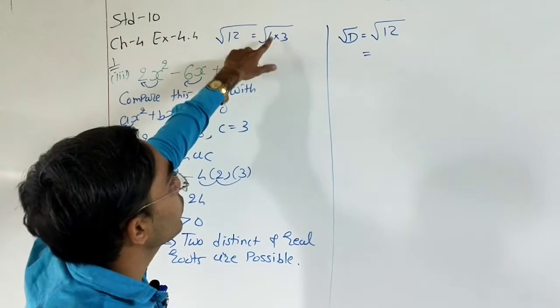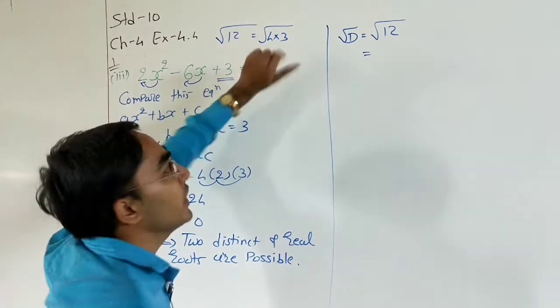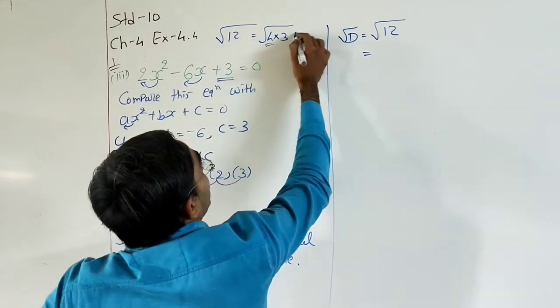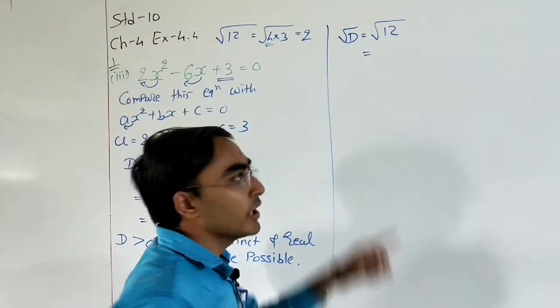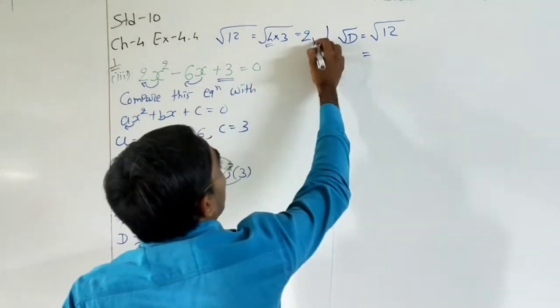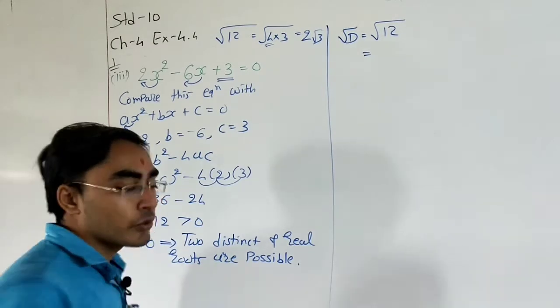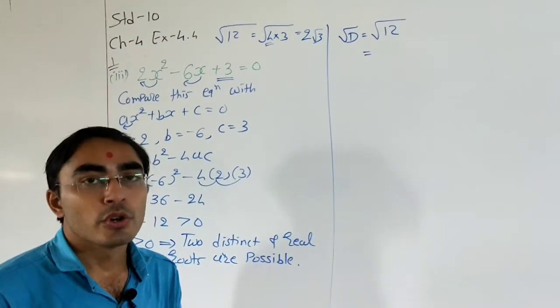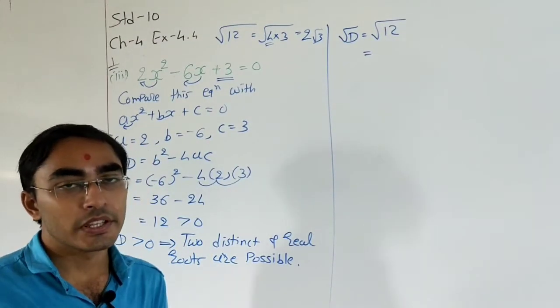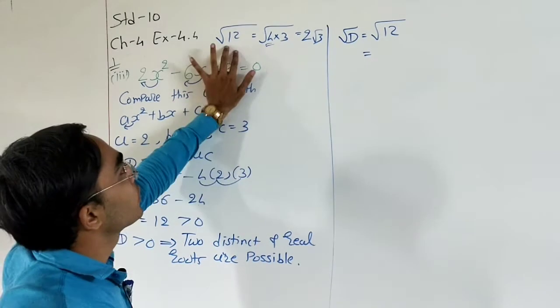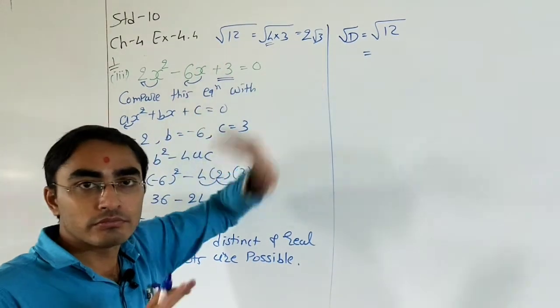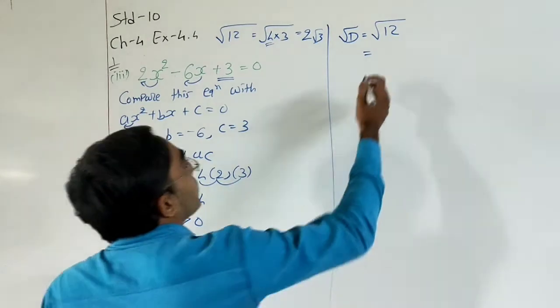We can take the square root of this 4. Square root of 4 is 2, and this under root 3 remains as it is. Alternately, under root 12 is equal to 2 under root 3. So this value we can put here.